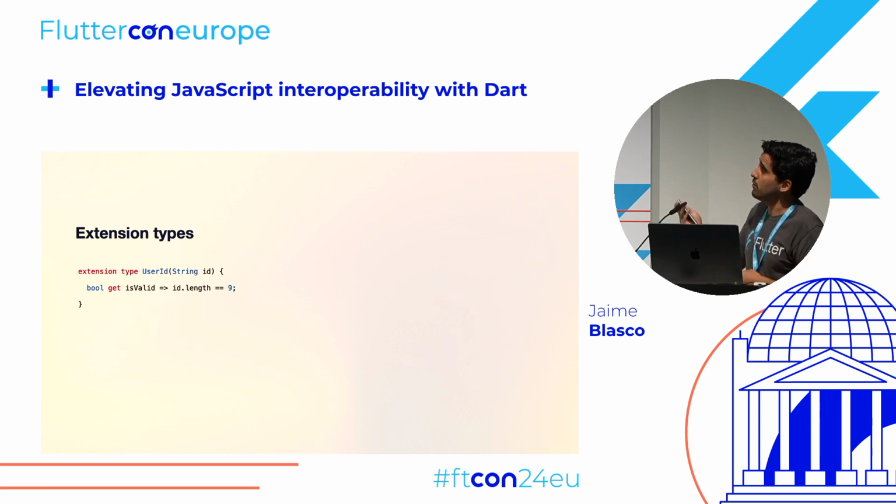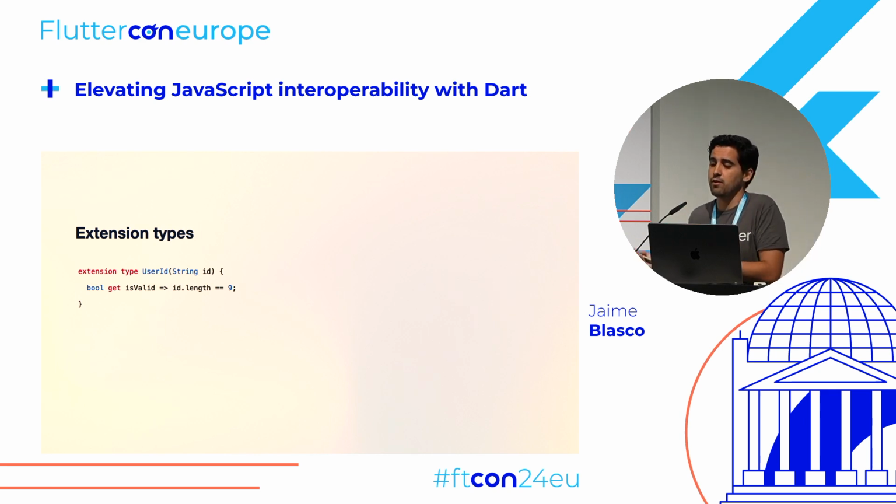For example, here we have our app, and we identify our users using an ID, but we don't want to expose the rest of the developers to the ID as the type string, because they could do random stuff, like get the characters of the string or check the length of the string, and we want to limit the scope of what the developer can do with this type. So instead of using type string, we are going to create this extension type called UserID. It's still going to be a string during compilation, but during the development process it's going to have this new static type called UserID that limits what the user can do to this new property that we just defined.